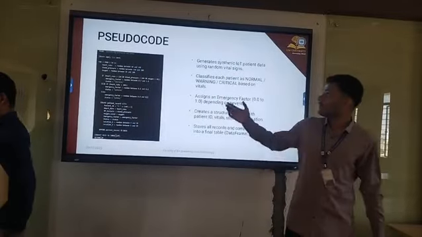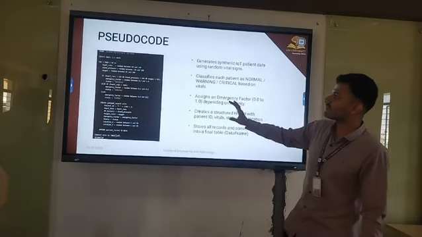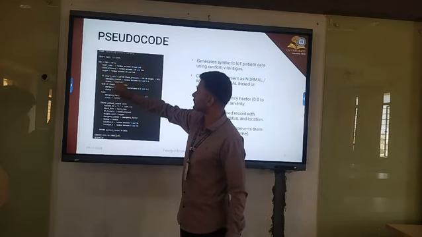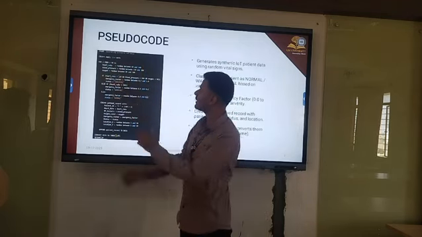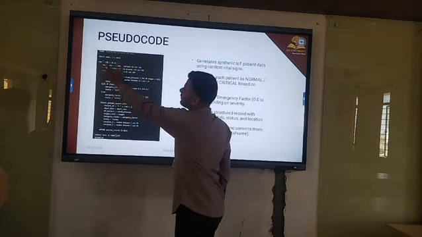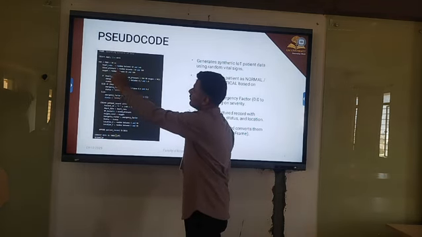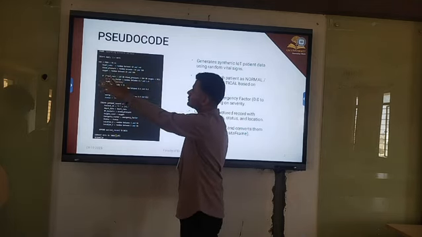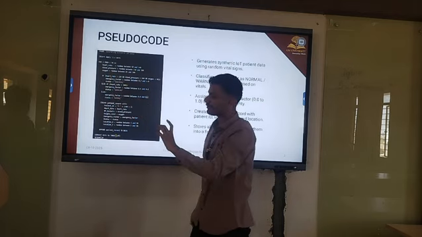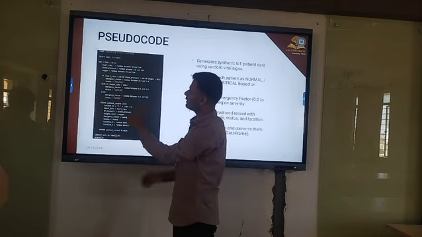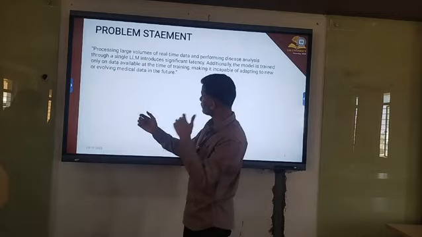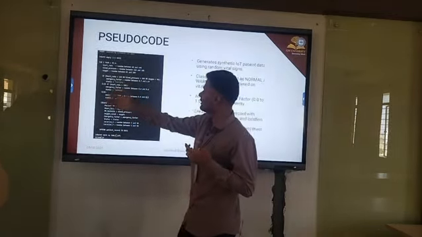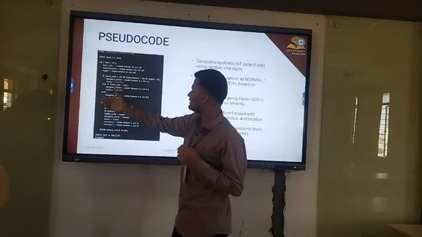Next, coming to the pseudocode, here is the simple pseudocode which we have created. We are representing i from 1 to n. If the heart rate is between 60 and 140, the if statement will work. If it does not work, then we go to the else if, and else.